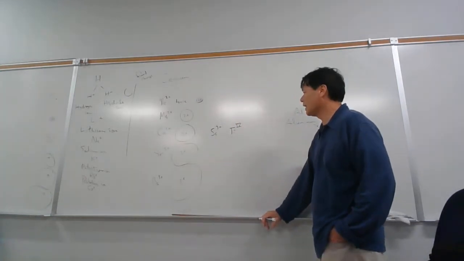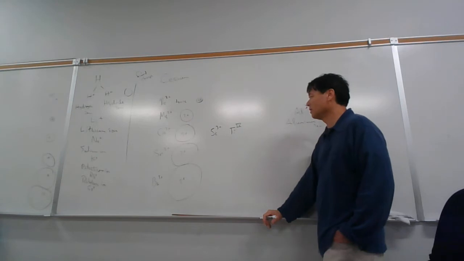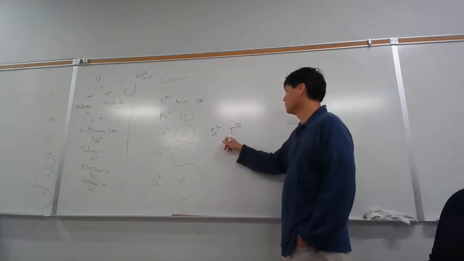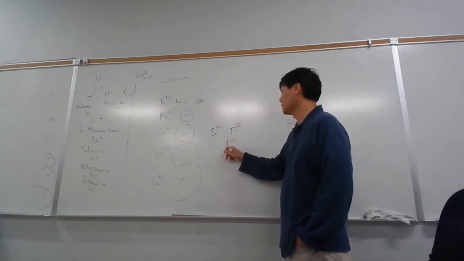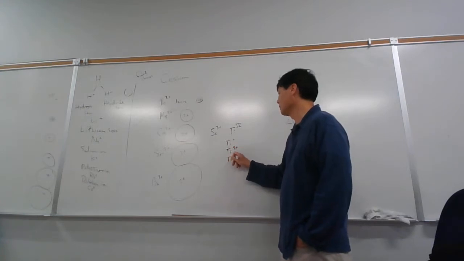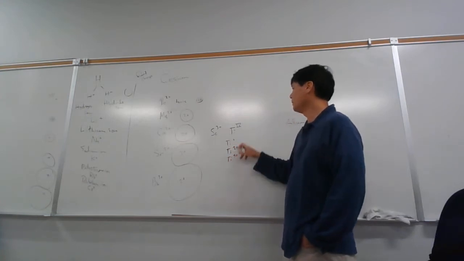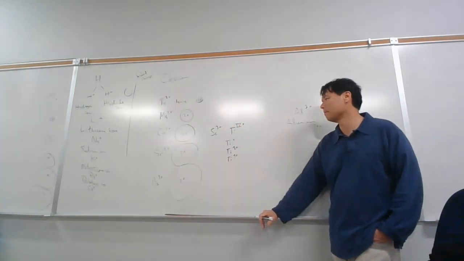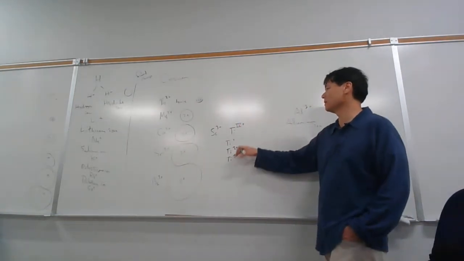In fact, it's more likely that whatever comes in here to strip the electrons is going to have a harder time doing it. And so what we can end up with is titanium 1+, or titanium 2+, or titanium 3+, and then maybe titanium 4+. Like that. But again, 4+ is getting high.